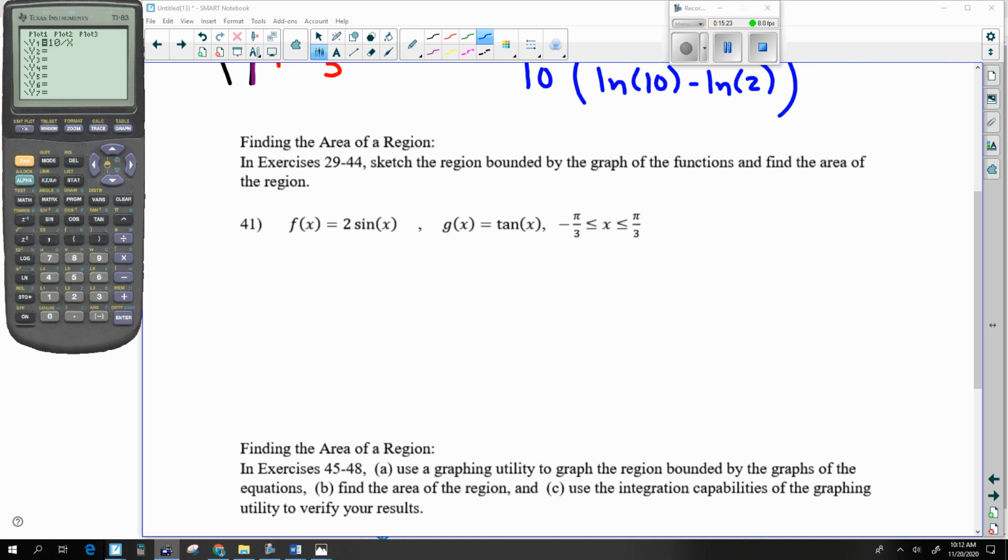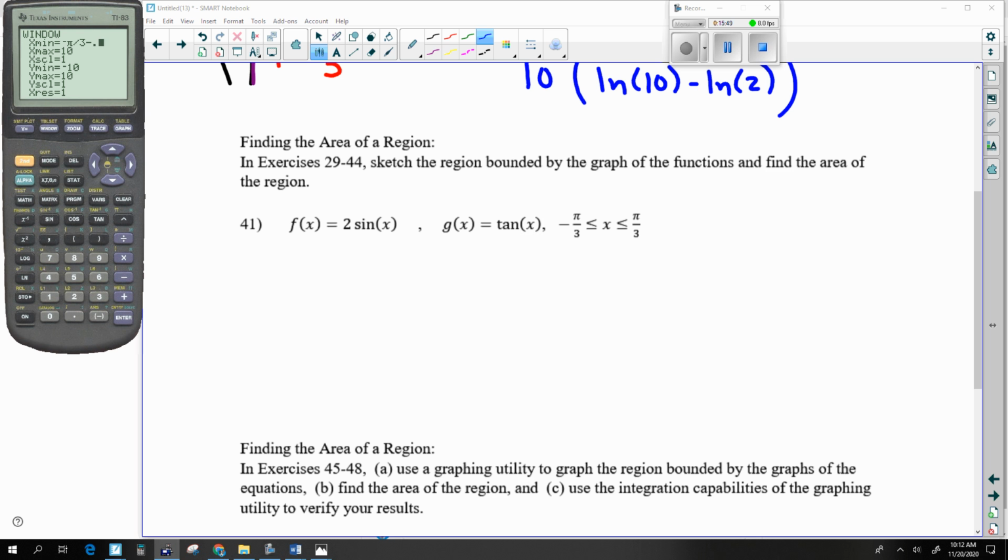Okay. Not the greatest at trig, so I'll just kind of use my calculator. Let's try this again. So we got 2 sine x, and we have a tangent of x, and this is kind of in the world of negative pi over 3, so I'm going to go to my window. My lower x limit is negative pi over 3, so I'm going to give it a little bit more.